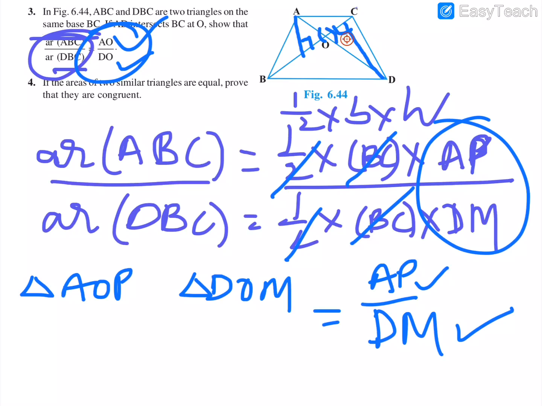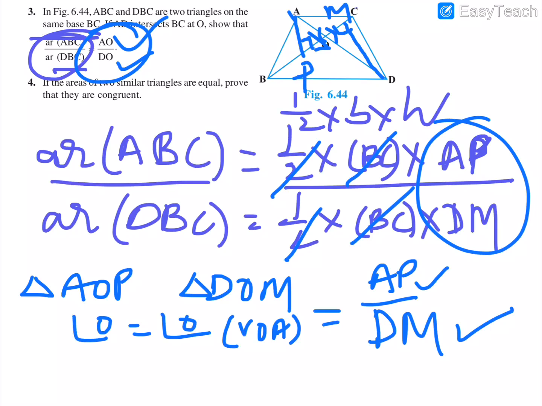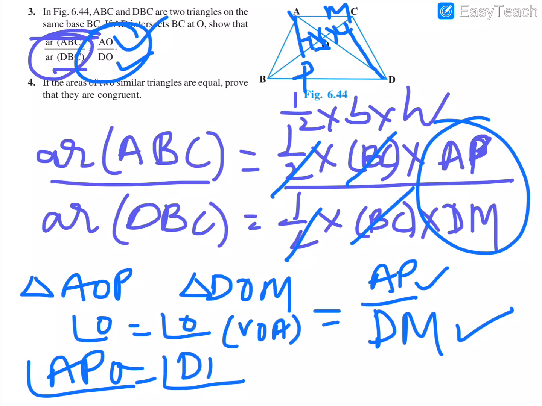If you observe, these two are similar very easily, because O and O are vertically opposite angles, and this is 90 degrees, this is 90 degrees. So we can directly write angle AOP is equal to angle DOM, because vertically opposite angles. And angle APO is equal to angle DMO, because both are 90 degrees.